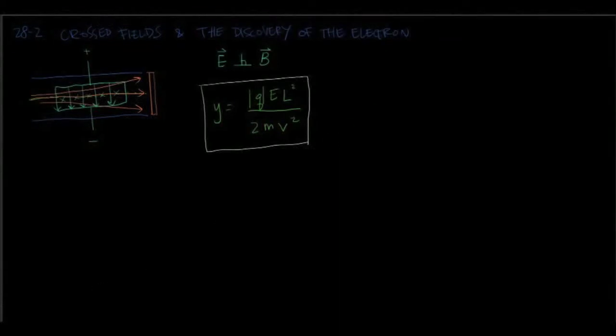Maybe a trusty pen and paper is the best way to go, after all. So you write down Fe equals qE, which is equal to Fb equals qvB sine.